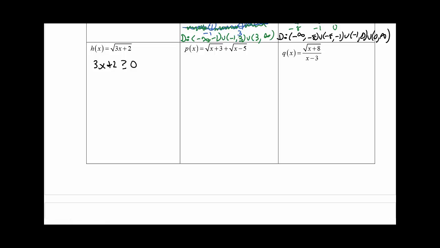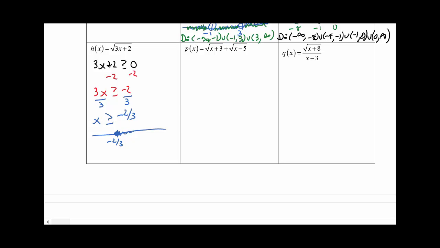So I'm going to subtract off 2, so 3x is greater than or equal to -2, and then I'll divide by 3, and so I get that x is greater than or equal to -2/3. So what that corresponds to on a number line, here I've got -2/3, and I'm going to go ahead and close that circle since the symbol says it can equal it.